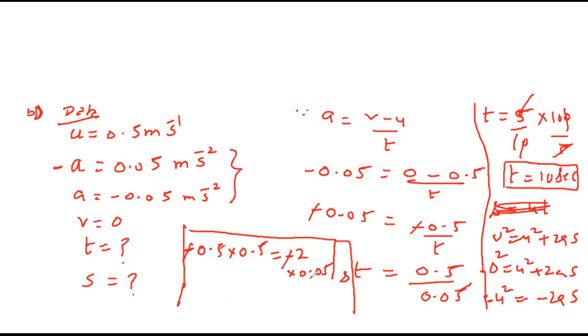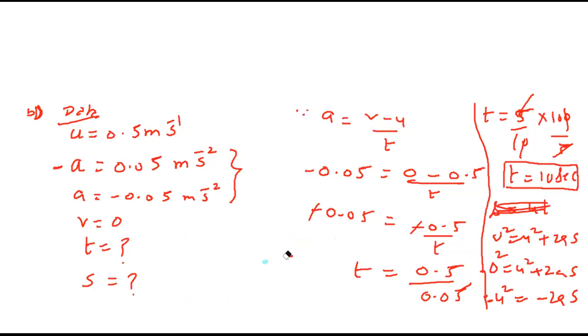Sir, how did minus 2as come? First just copy this. Sir, minus u square is equal to 2as, right? Yes, u square is minus 2as. One side only. Okay, okay, understood. Remove the minus from this, fine. I assume that u square is brought to the left hand side.